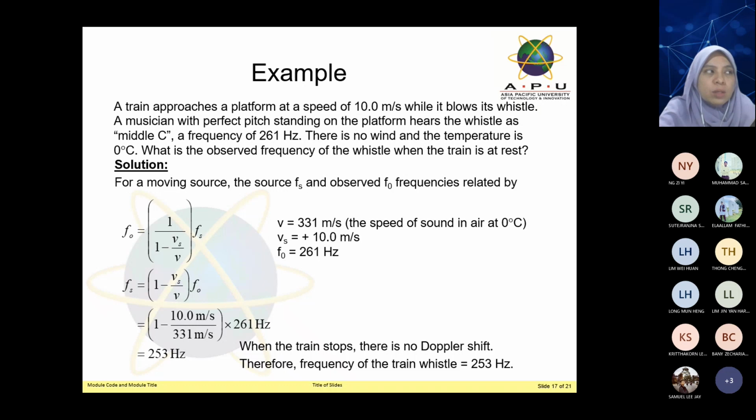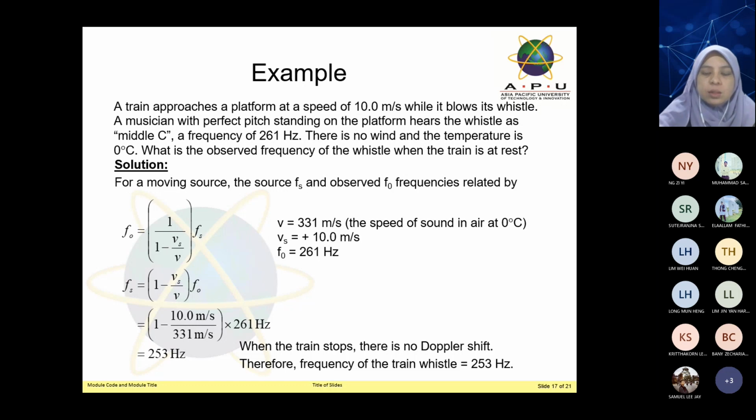So what does middle C mean? Has anyone seen a piano? A piano has many keys, like 61.